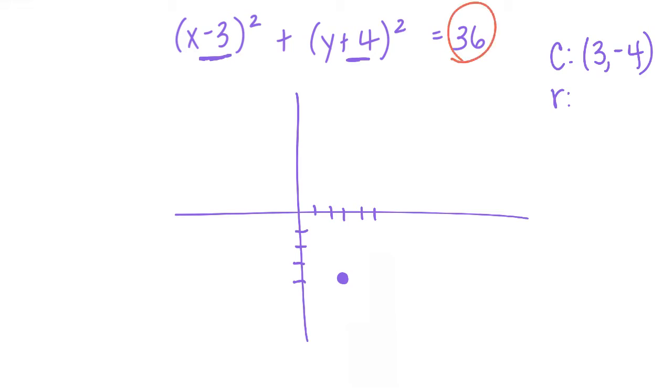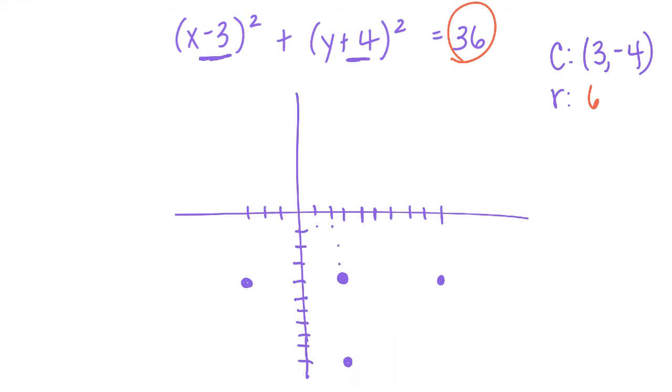Now, since the radius squared is 36, I know the radius is 6, which means from this point, I'm going to go 1, 2, 3, 4, 5, 6 to the right. 1, 2, 3, 4, 5, 6 down. 1, 2, 3, 4, 5, 6 to the left.